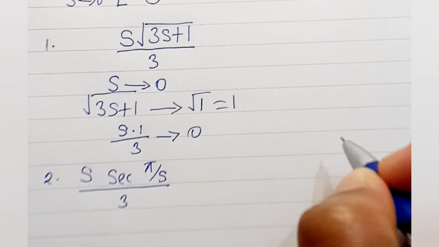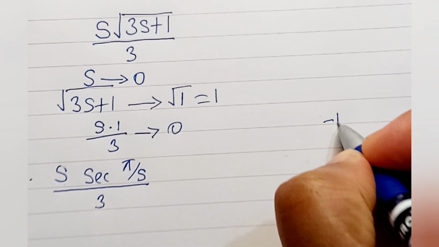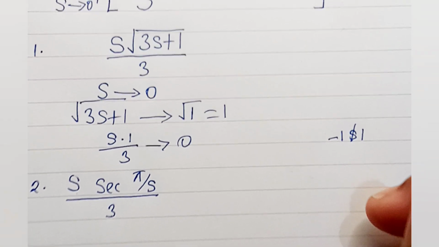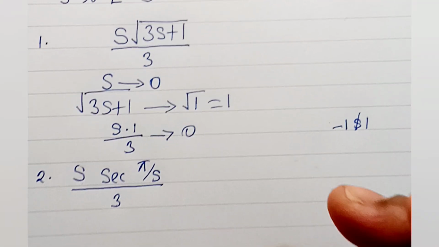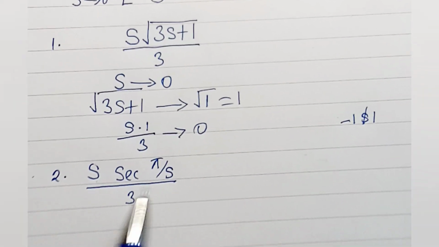Cosine oscillates between -1 and 1. But now, notice something powerful. It is multiplied by s.